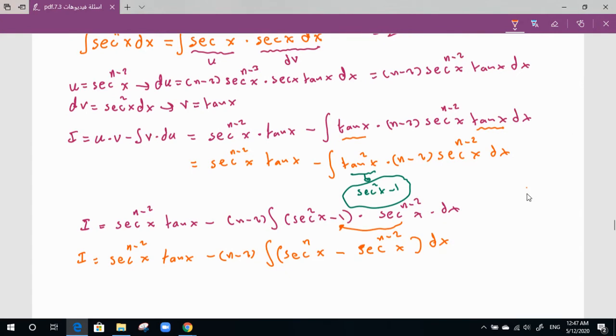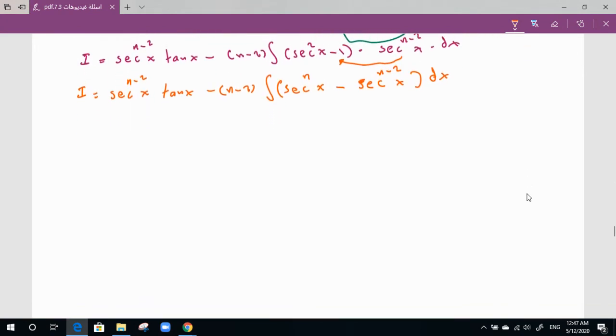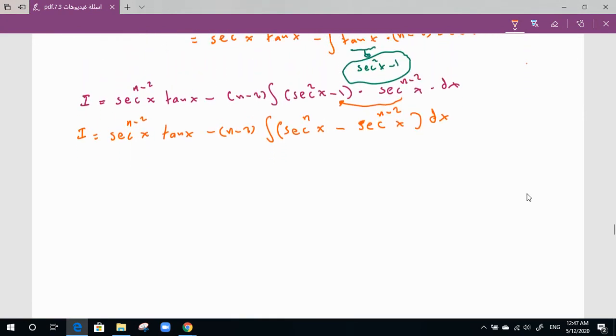After that, here I have a subtraction between two terms, so I will distribute the integral: secant n minus 2 x tan x minus n minus 2 times the integral of secant to the power n x dx.